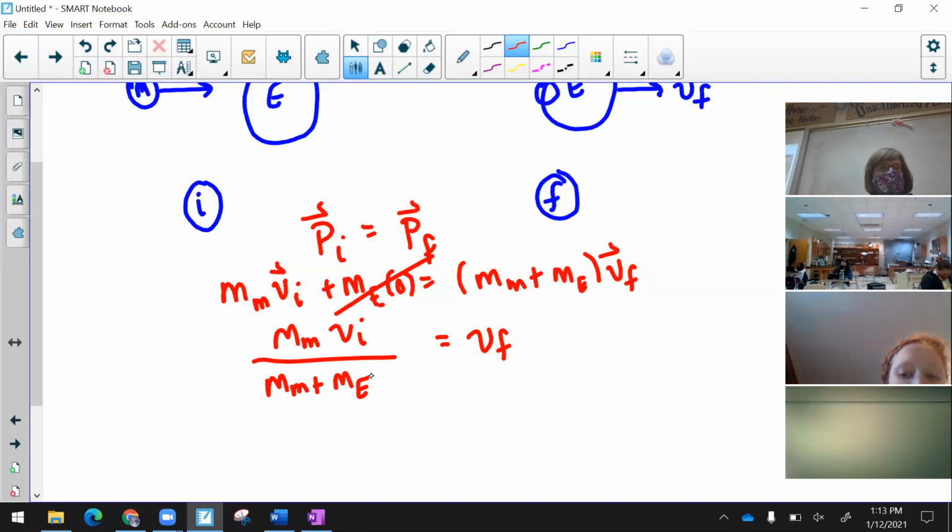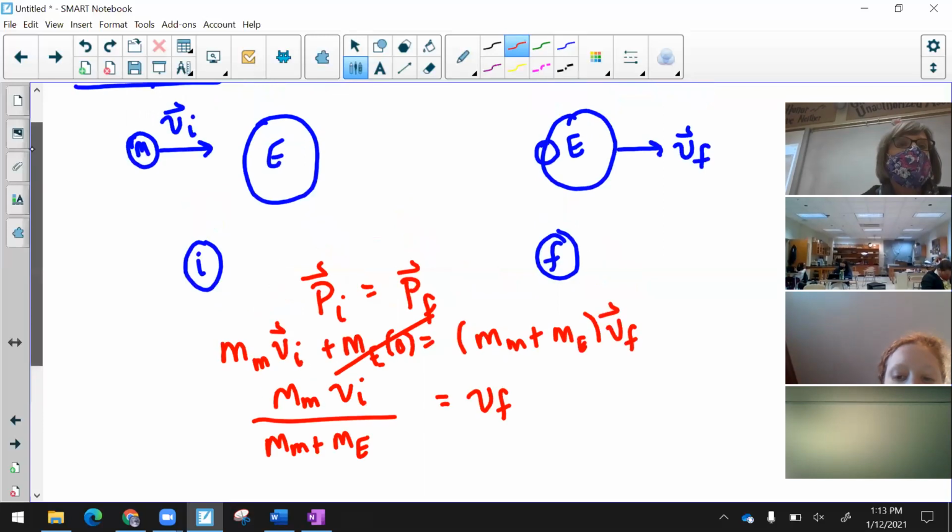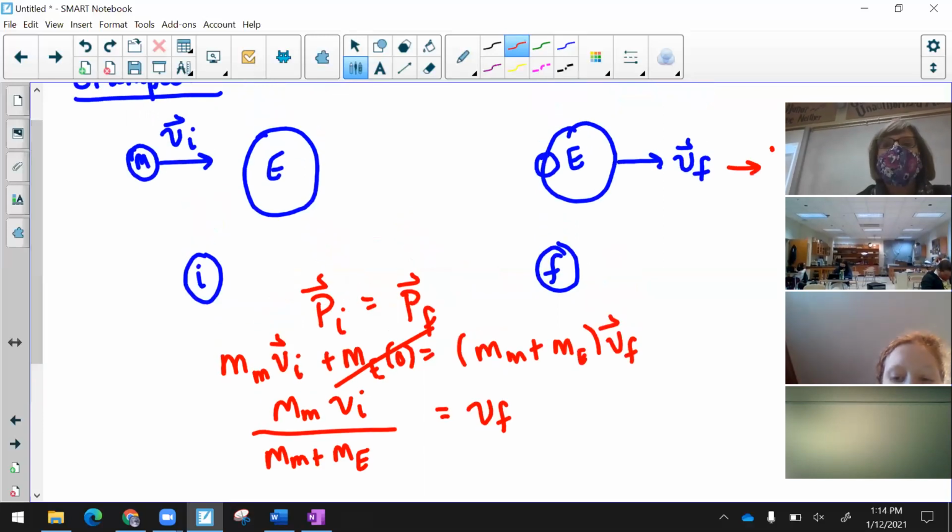And what direction do you expect v_f to be in? Positive or negative? Assuming that this is positive. Positive. Why, Greg? Sure. What you're trying to say is that the initial momentum is in the positive direction. So the final momentum, total momentum, needs to be in the positive direction.